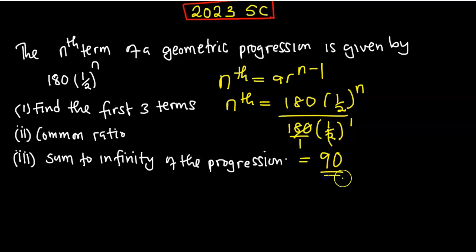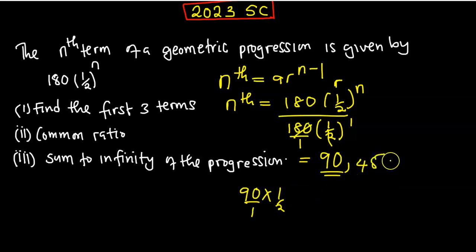So now after finding the term number 1, which is 90, and of course this is to the power n, this is r. So after finding the term number 1, we just continue to multiply it by the common ratio, which is r. So the next one is 90 multiplied by 1 over 2, which is just the same as 90 divided by 2, which is 45.